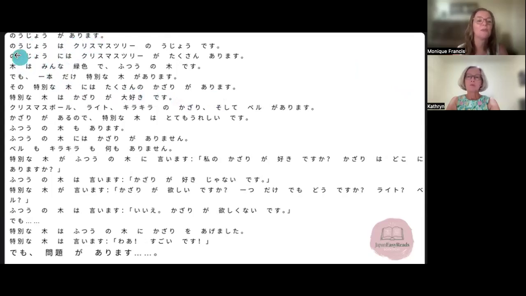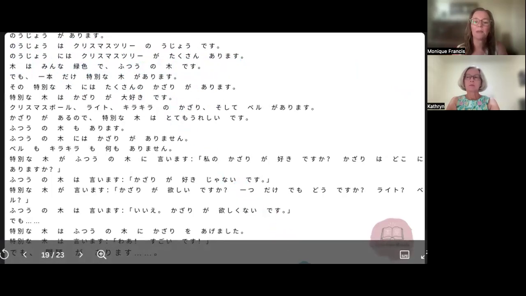When they are comfortable to join in, they can. Either way they're getting the input, they're hearing it again, they know the story, so they can predict some of the words as they go through.